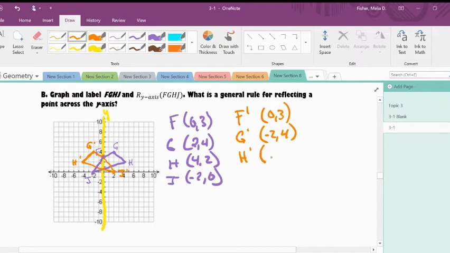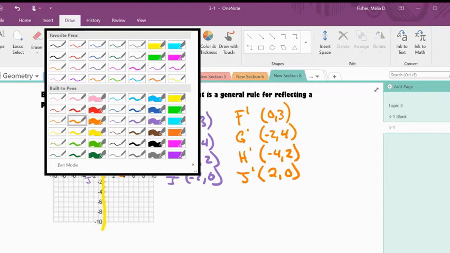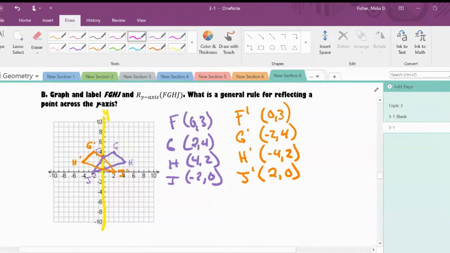H prime is now at negative 4, 2. And J prime is at 2, 0. So what changed here? When we reflected across the y-axis, we changed the sign of x. Notice I'm using a capital R to represent a reflection.